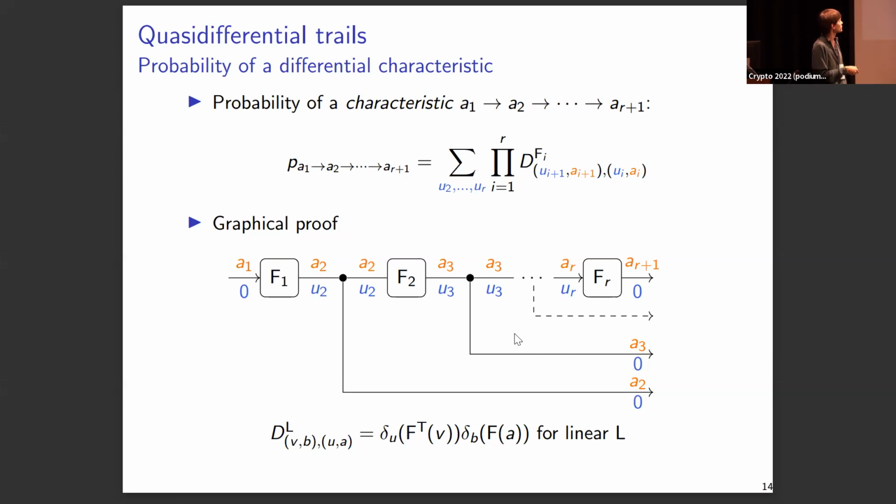So if you specify the differences here, this fixes your internal differences. If you specify the masks, there is this general rule for how the masks propagate. It's basically the same as in linear cryptanalysis. Then because this is 0, there will be arbitrary masks before and after your forking operation, but they have to be equal. So you have to sum over all these trails. And that's why you get this result.